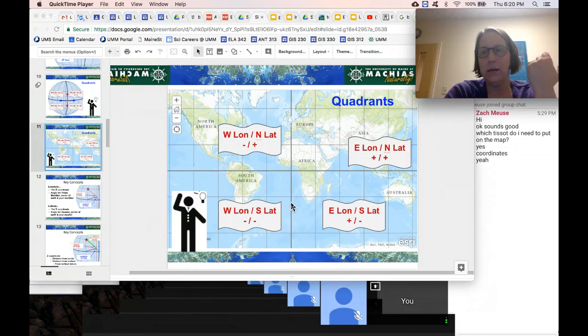It made it really difficult for navigators and so forth to understand how to use maps, because the coordinates were not measured out around the whole globe. And so explorers started to see the need to get everybody on the same page.